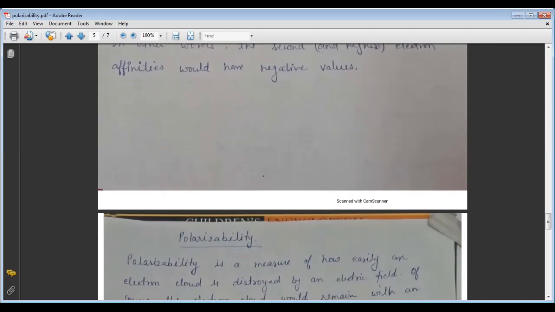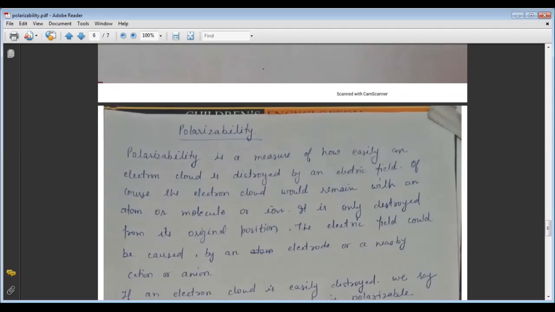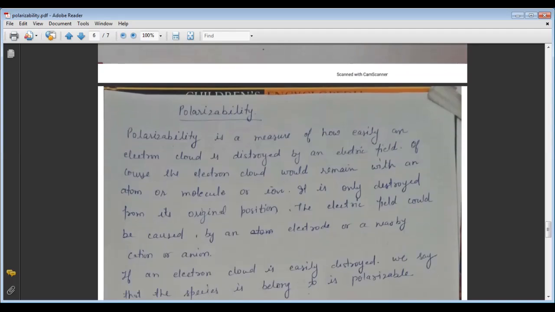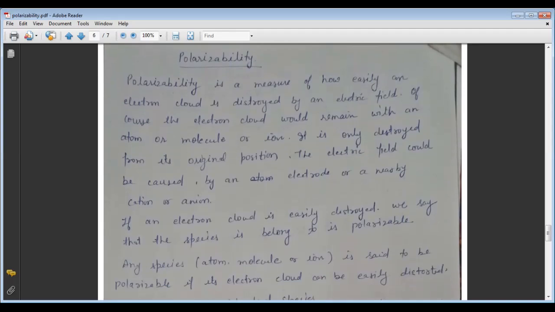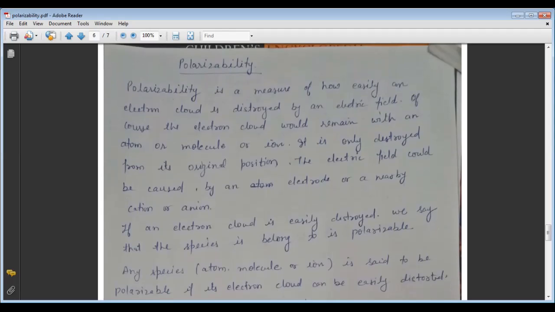Now come to our third topic of today's lecture, that is polarizability. It is a very short topic, and there is the definition, and I can explain it here. Polarizability is the measure of how easily an electron cloud is distorted by an electric field.